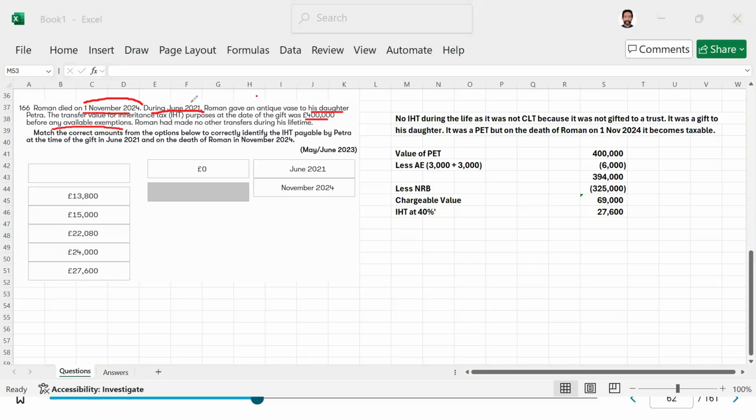Death rate would be applied here as we have calculated. But there is a further relief here because this is after 3 years but less than 4 years. If you look at the date here, this is June 2021. So 2022, 2023, and 2024. So this is more than 3 years and less than 4 years.